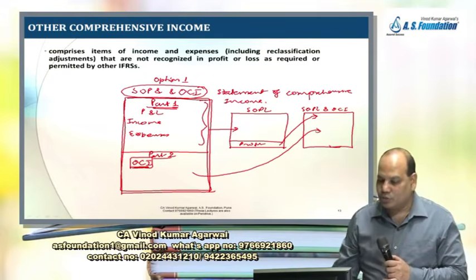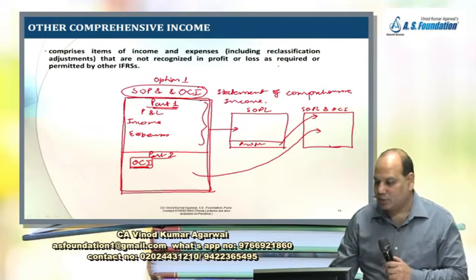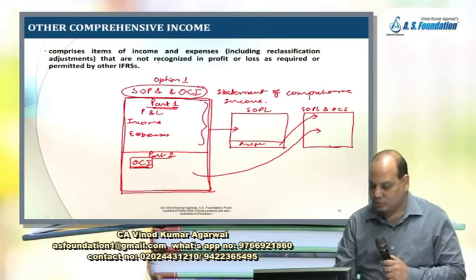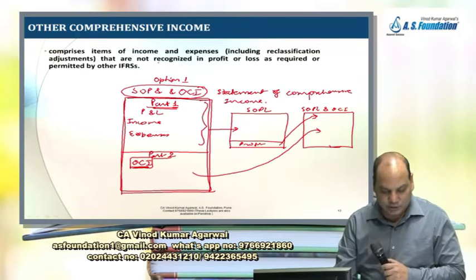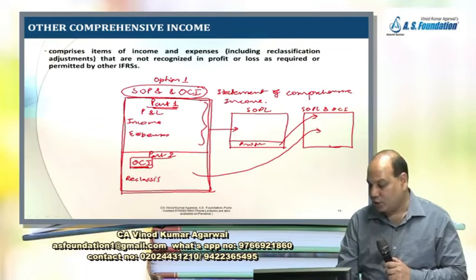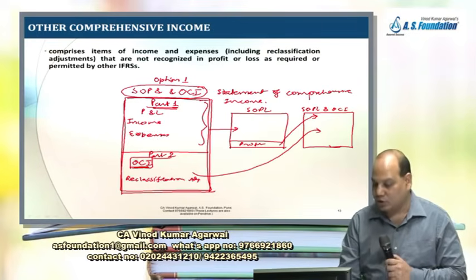Okay. So OCI comprises items of income and expense including reclassification adjustment. Reclassification adjustment I will discuss after a few minutes. Reclassification adjustment means those items which will be subsequently transferred to profit and loss account.